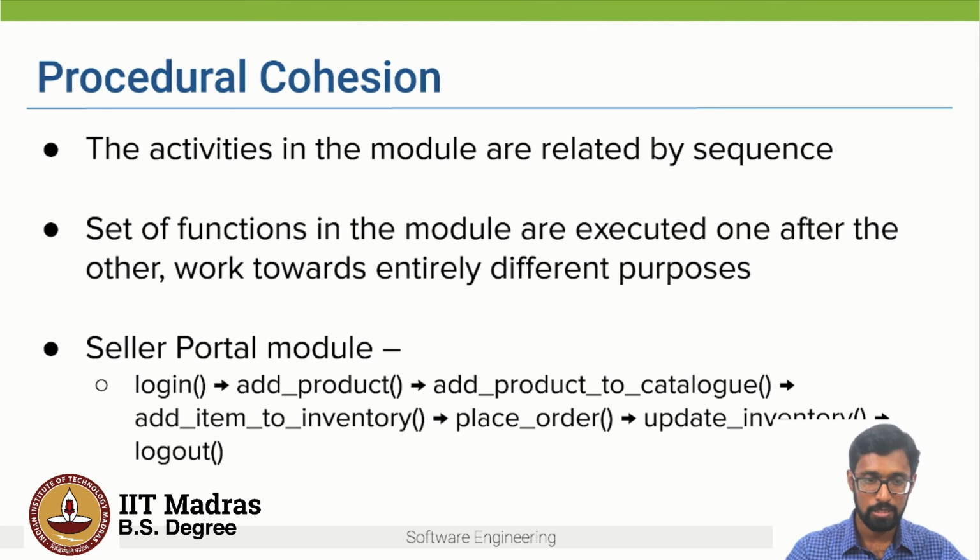These activities are related by a sequence, but they work towards entirely different purposes. Login and log out are separate from adding products, and adding products is different from placing orders. So these should ideally be in different modules, but in this example, all of them are placed in a single seller portal module.